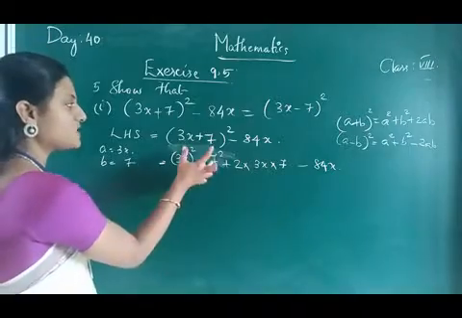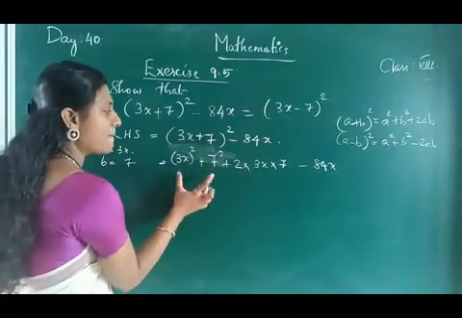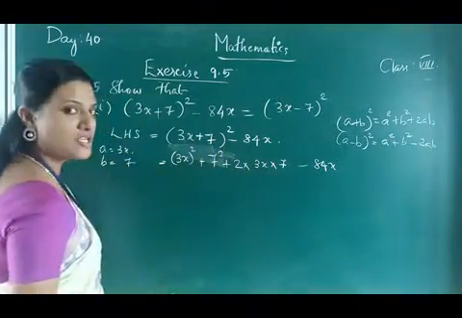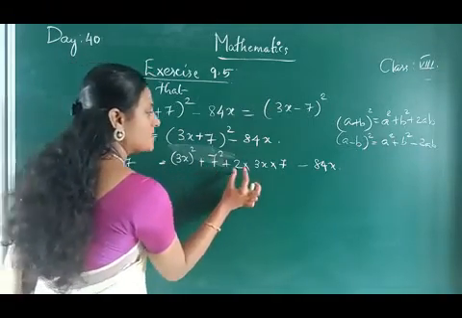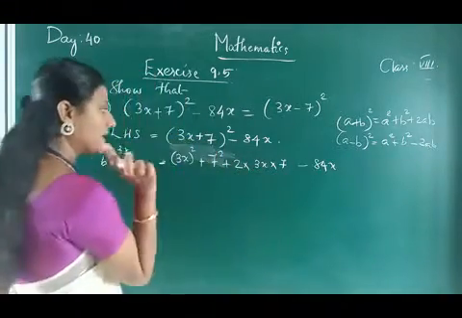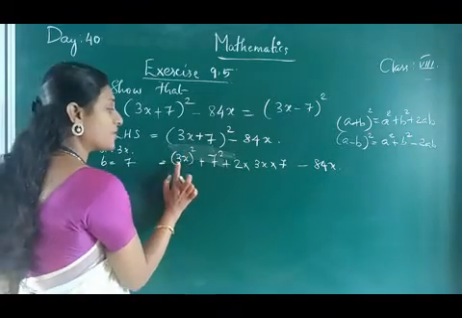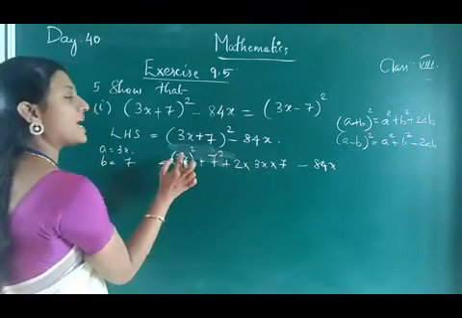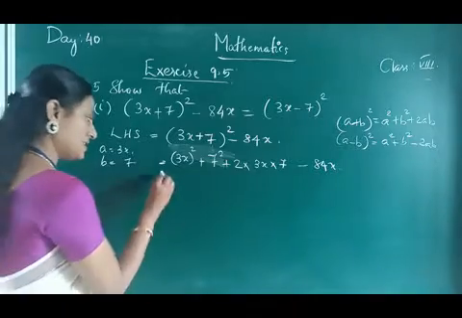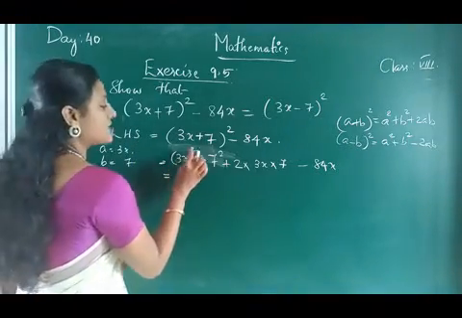A plus B the whole square expands to A square plus B square plus 2 into A into B. We have to take the square of 3 and x, that means (3x) the whole square.